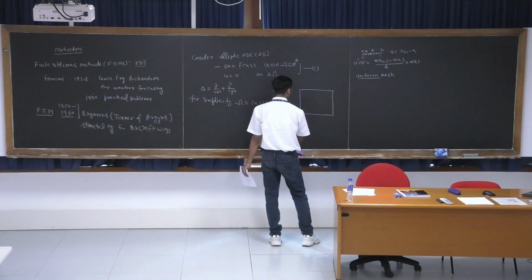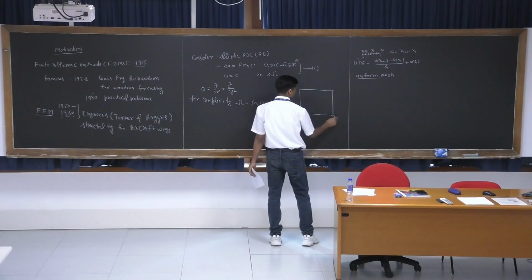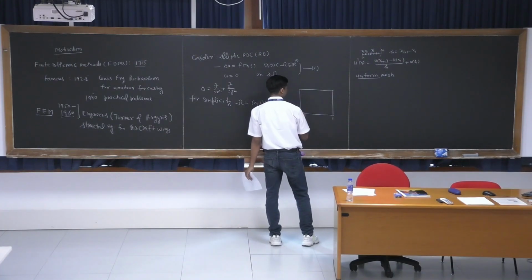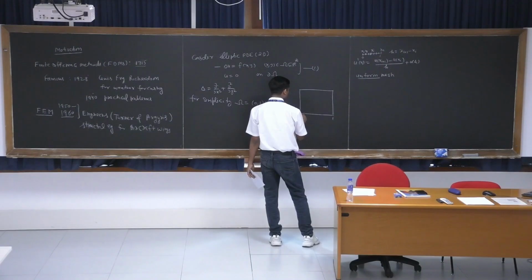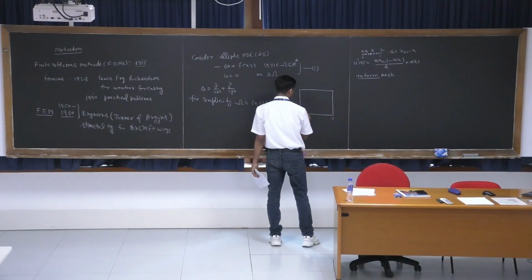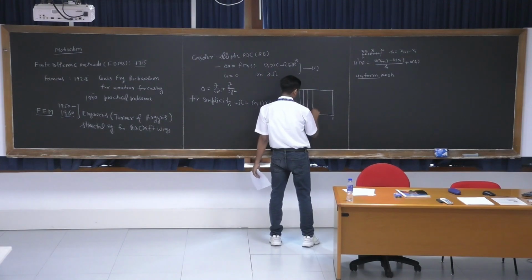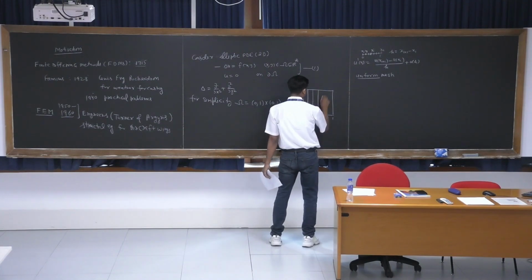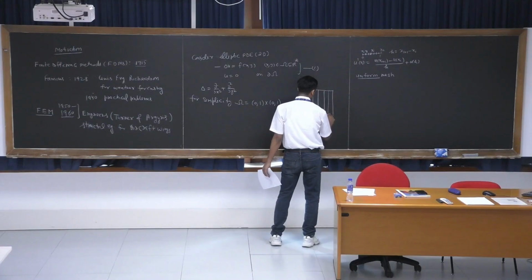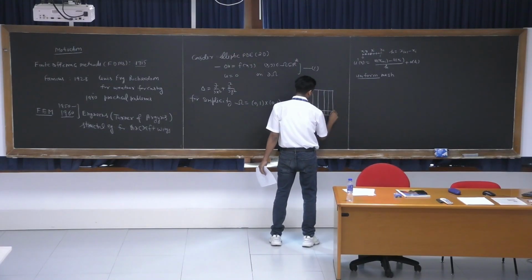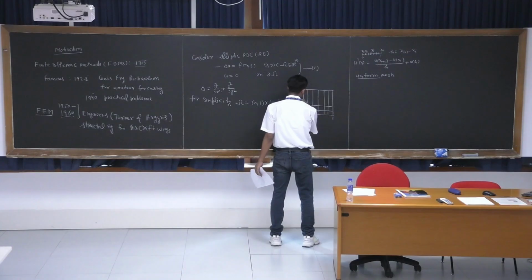This is 0, 0, you can say. In one direction this is the x-axis direction, and this is the y-axis direction. So first of all, discretize the domain, and then after that, approximate the derivative at the mesh points.